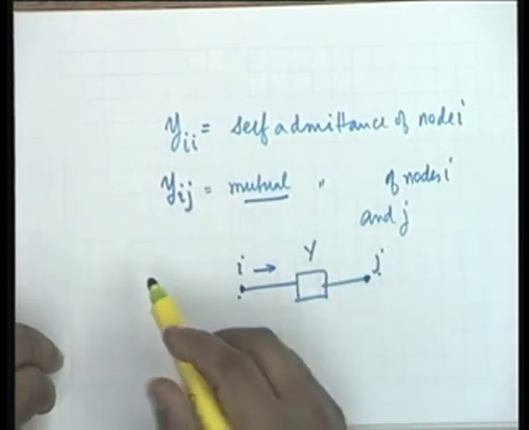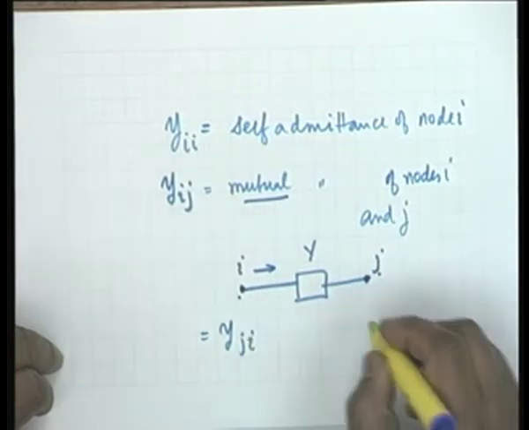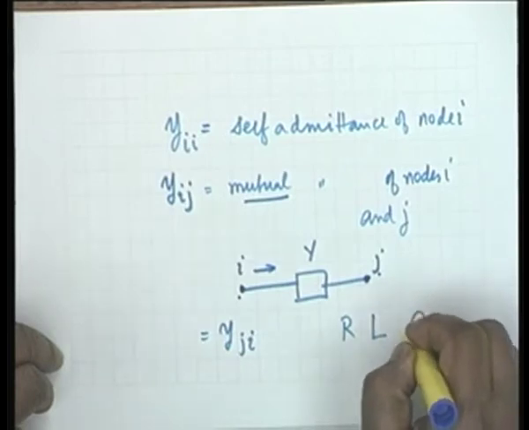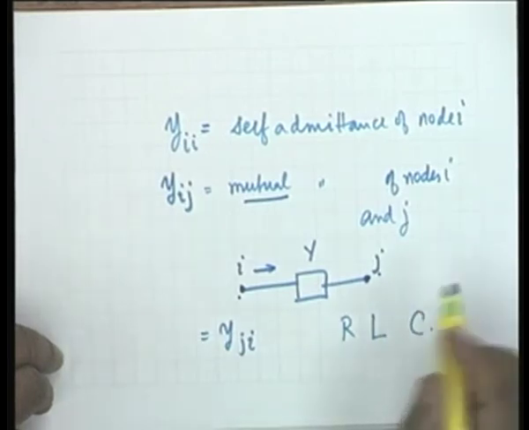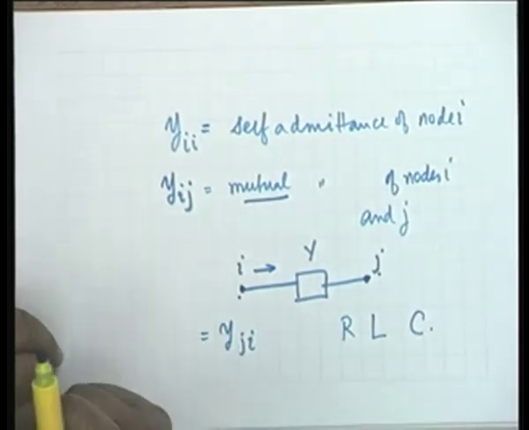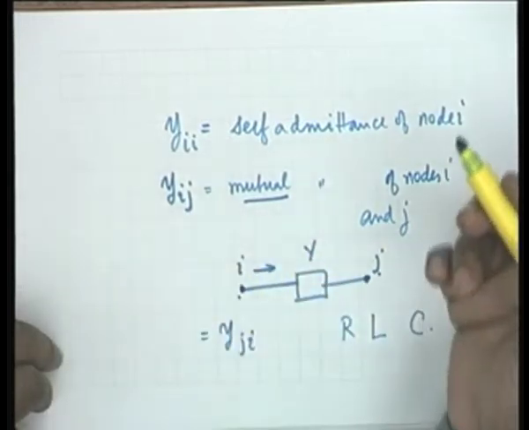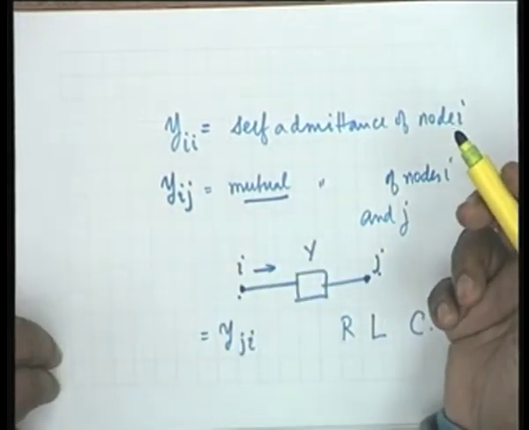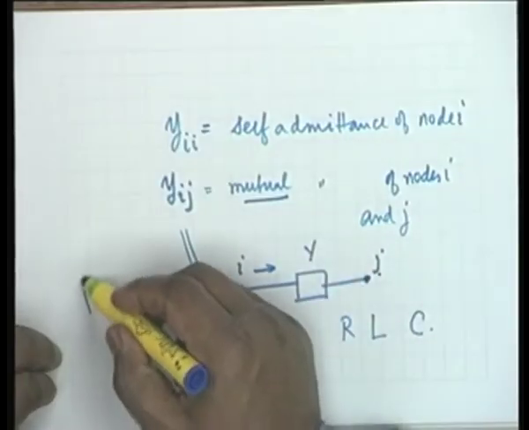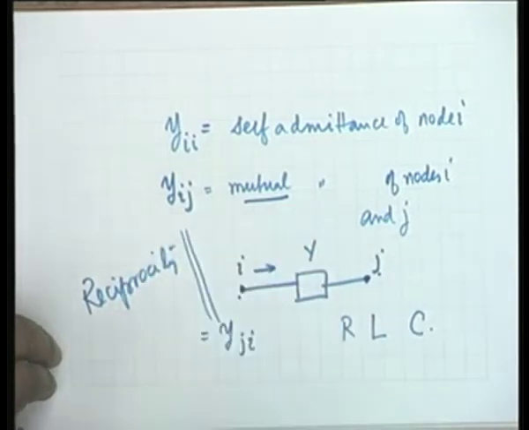If it is bilateral, then obviously Yij shall be equal to Yji if the element consists of R, L and C. And therefore, one thing that one immediately recognizes is that if the network is reciprocal, then the off diagonal elements in corresponding positions would be identical. That is, Yij shall be equal to Yji. This also is a reflection of reciprocity.